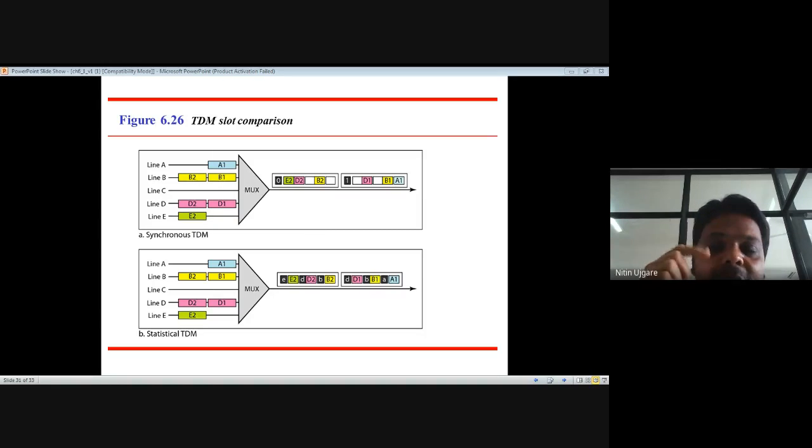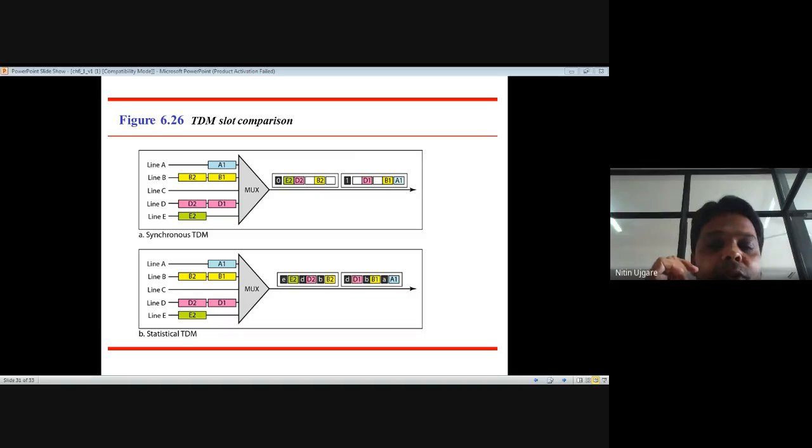The capacity of the link is normally less than the sum of the capacities of each channel. Remember, in statistical TDM, the bandwidth of the link is normally less than the sum of the bandwidths of each channel. Hence, the designer of statistical TDM defines the capacity of the link based on the statistics of the load for each channel.